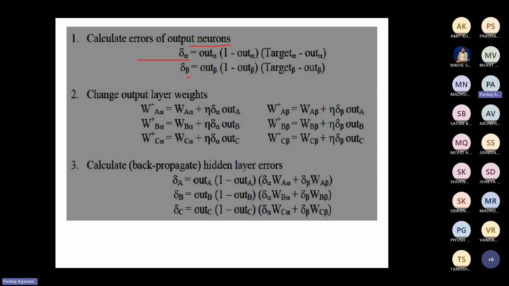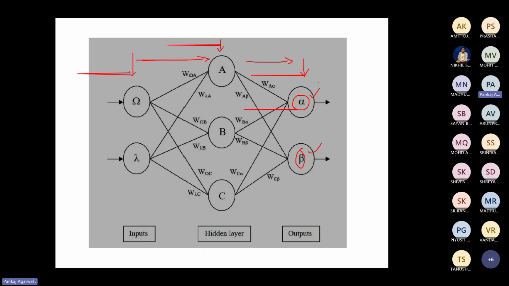Error at alpha is what? Understand this. Error at alpha is of two terms. One term is this one, and the other term is this one. So this is target alpha minus output alpha. It means at this particular neuron, there would have been some target value.